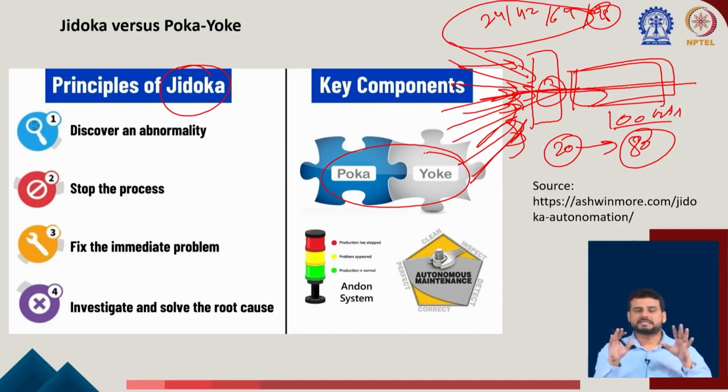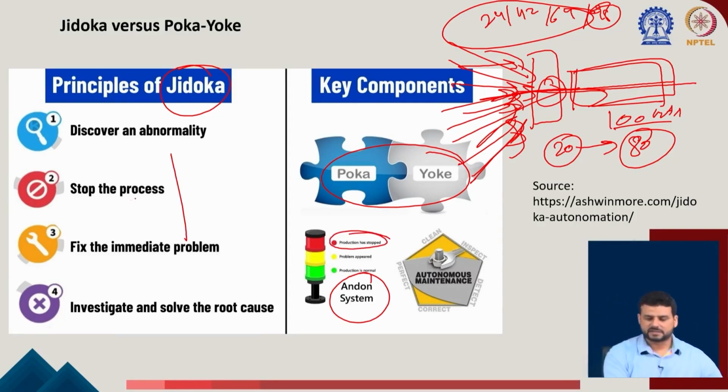So these two concepts, Jidoka and Poka-yoke, are now used like anything in manufacturing industries, and service industries are also implementing them. Then the Andon system. This is a kind of indication board where you can indicate if there is any problem at any stage.